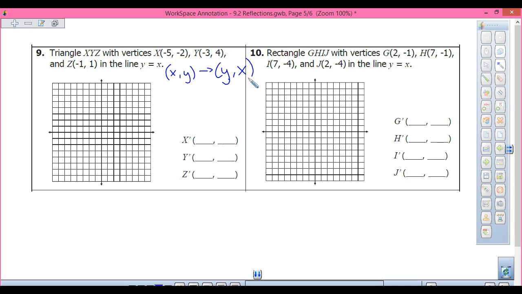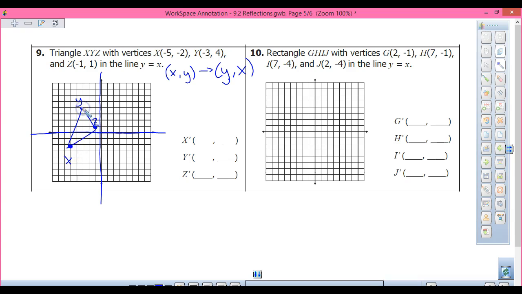Okay, so I've got -5, -2 is x, -3, 1, 2, 3, 1, 2, 3, 4 is y, z is -1, 1.